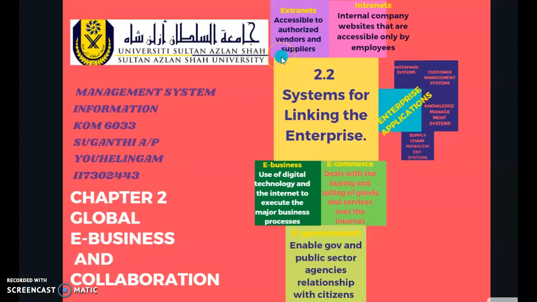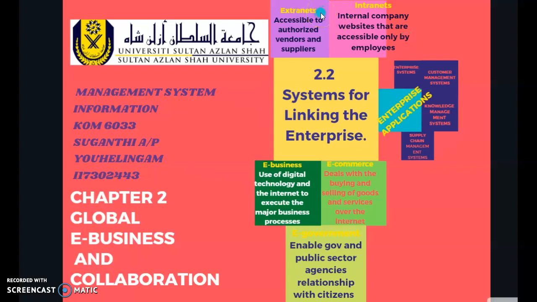Okay, next systems are extranets and intranets. Intranet is an internal company website that is accessible only by the employees. Intranet is a network where employees can create content, communicate, collaborate, get stuff done, and develop the company culture. It refers to an internal network, a private access area in a large company website.